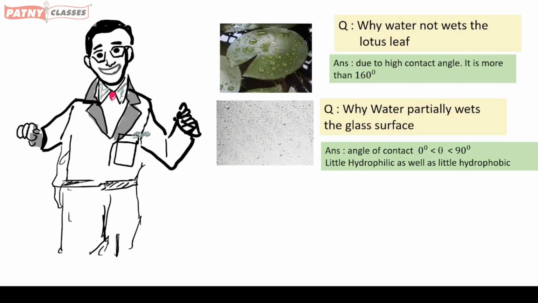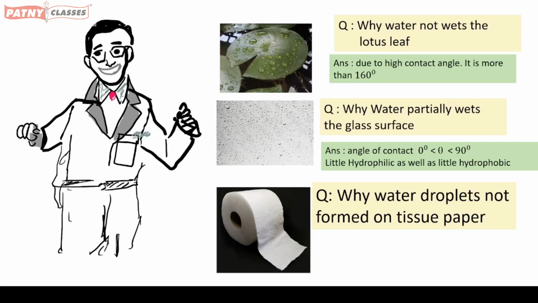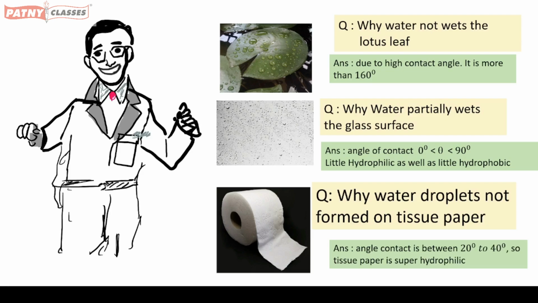Glass is a little hydrophilic as well as a little hydrophobic for water. Last question, why are water droplets not formed on tissue paper? Answer: angle of contact is between 20 degrees and 40 degrees. So tissue paper is super hydrophilic. Therefore, water droplets do not form on tissue paper.